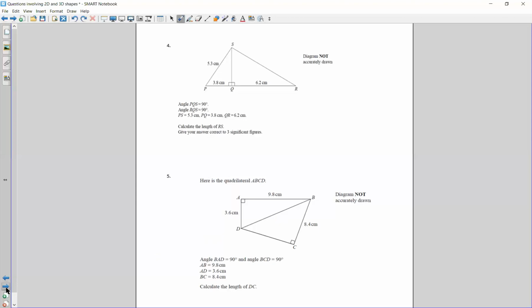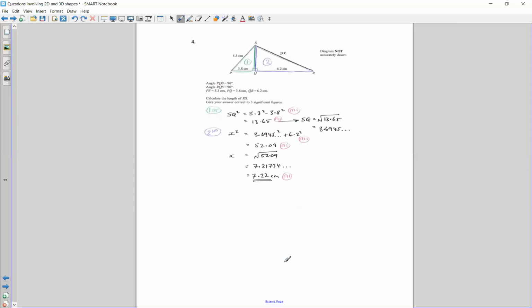Okay, I hope that you have got the answers here. So for question number 4, you would have used this triangle first. You would have said that SQ squared is equal to 5.3 squared minus 3.8 squared. This was because I'm given the hypotenuse and I'm working on the shorter side, so I'll be subtracting this squared and this squared. So I'll be taking away 3.8 squared from 5.3 squared.